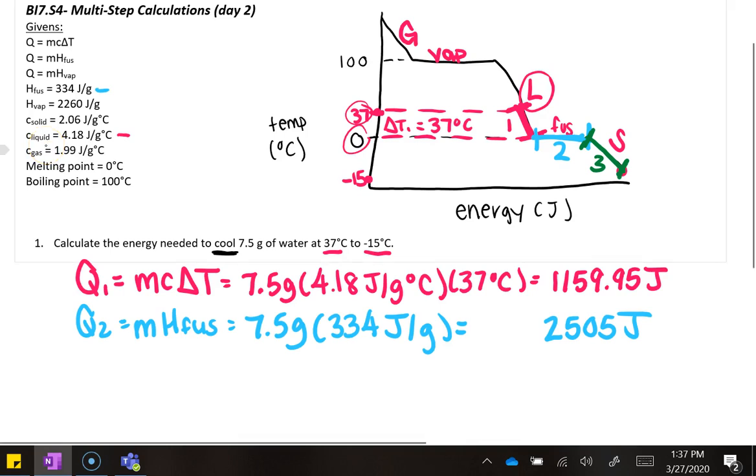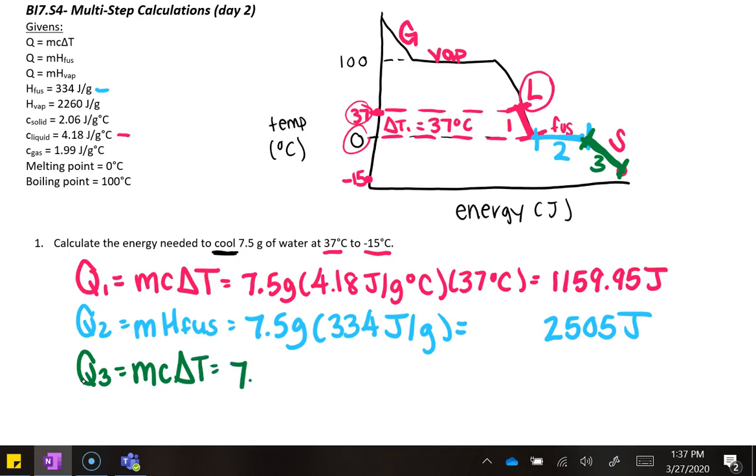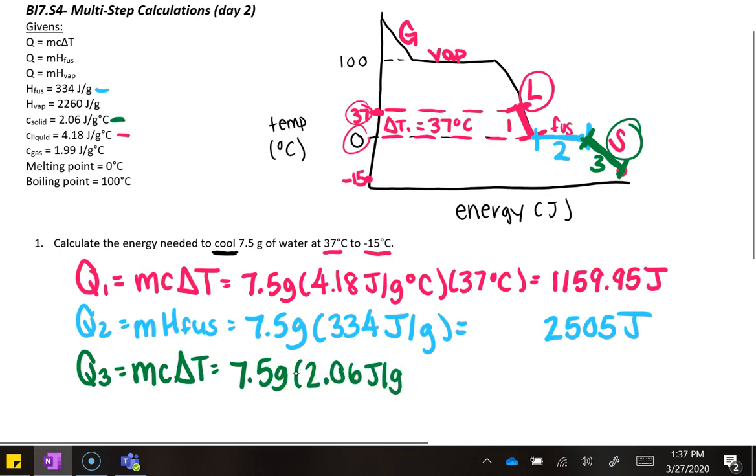Alright, lastly, segment 3. So again, first step is to pick out your equation. I have a temperature change. I see temperature is decreasing. Anytime I have a temperature change, I'm going to use MCAT. Again, we have 3 specific heat values, so we want to make sure that we're using the right one. Segment 3 is a solid, so I'm going to put in the specific heat of water as a solid, 2.06 joules per gram degree Celsius.